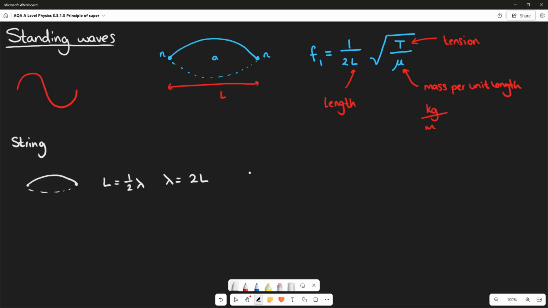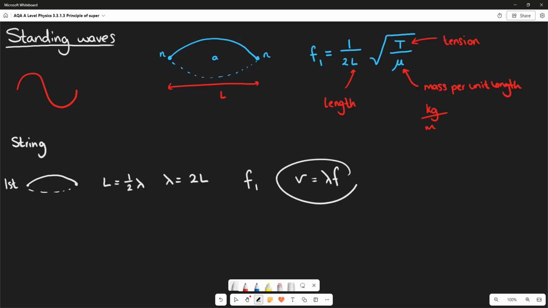Now this we refer to as the first harmonic, with frequency F1. Because we're going to keep the string the same throughout this experiment, we can increase the frequency of the oscillator and create more loops, but the velocity of the wave in the string is going to be constant throughout the experiment. And we know that velocity is given by the wavelength multiplied by the frequency.